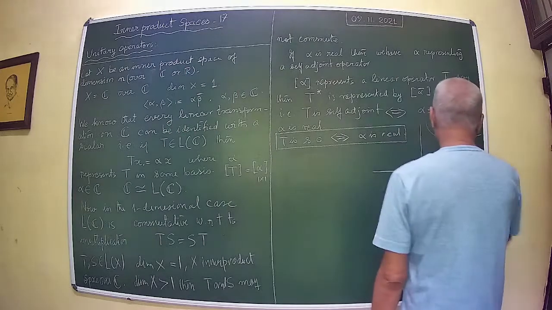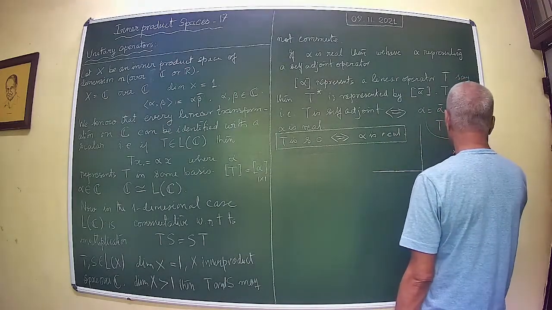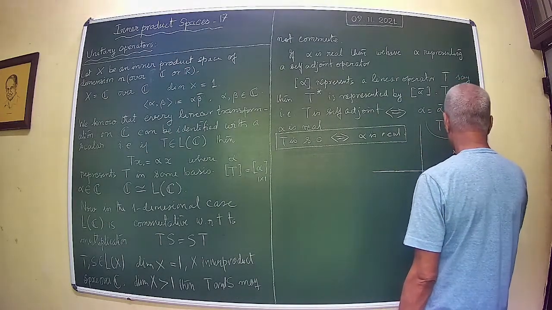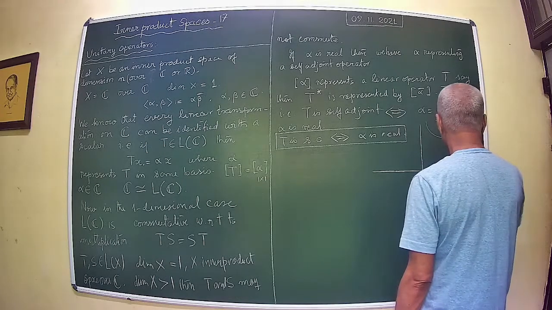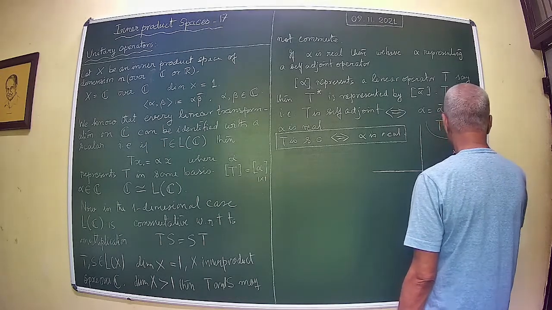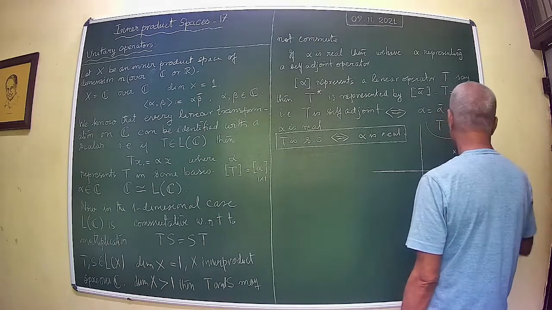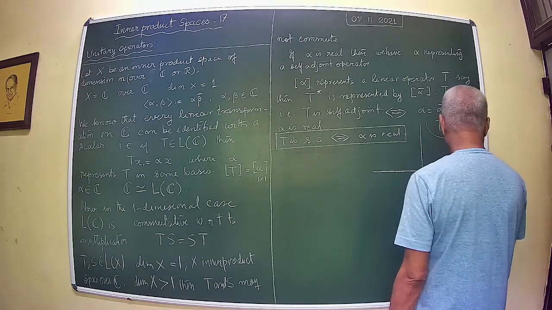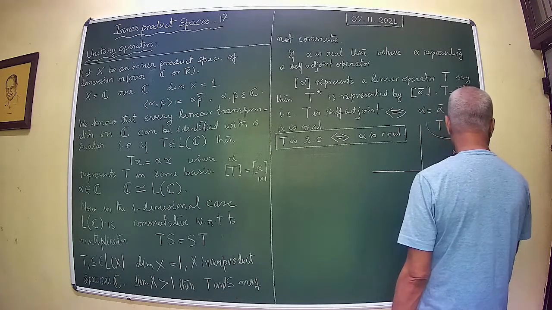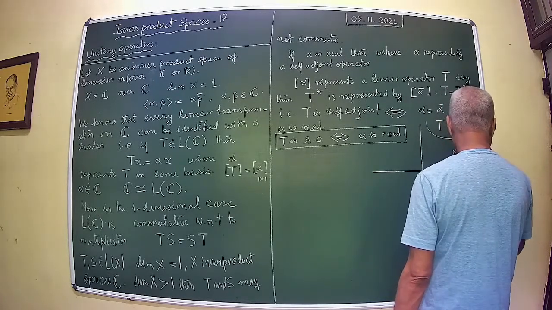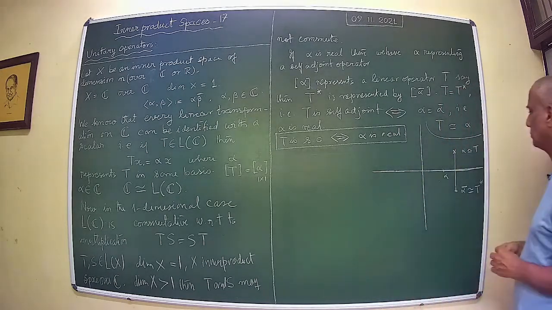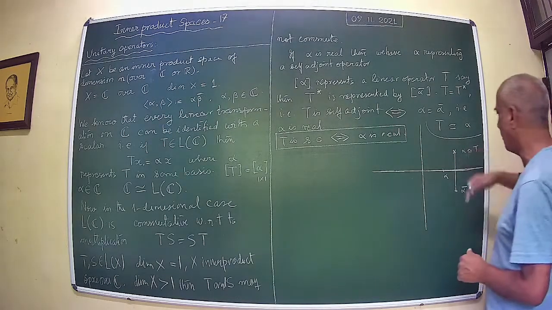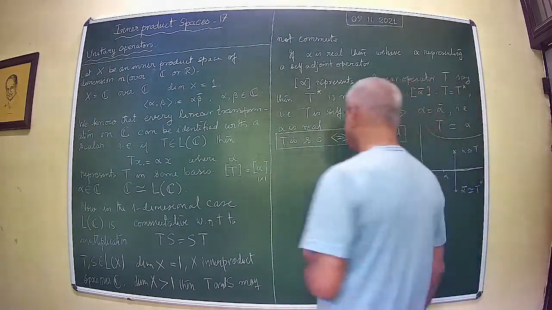So if you have a T represented by some alpha, then alpha conjugate represents T star. This is the complex conjugate I am talking about.